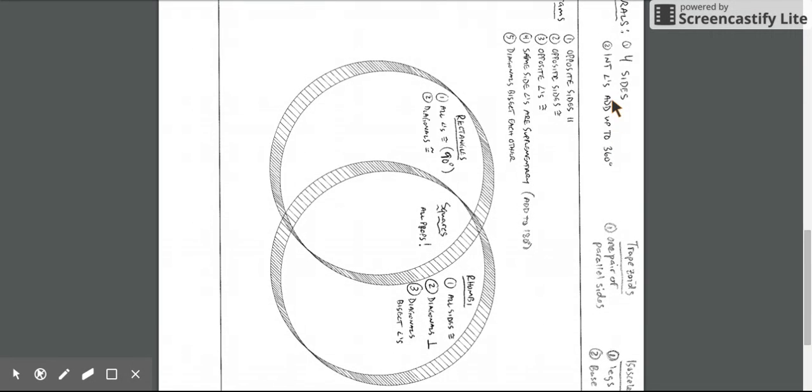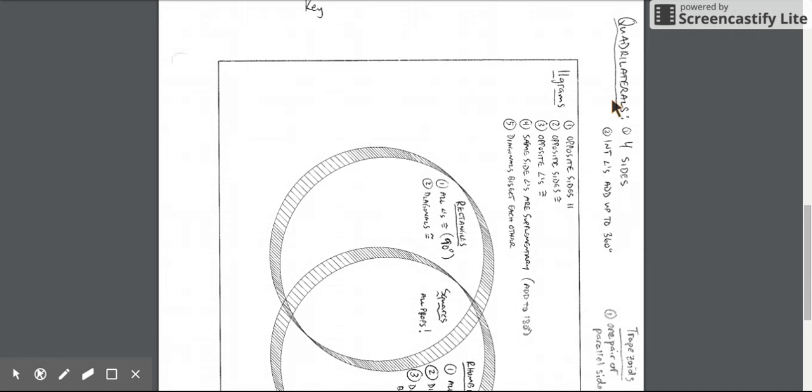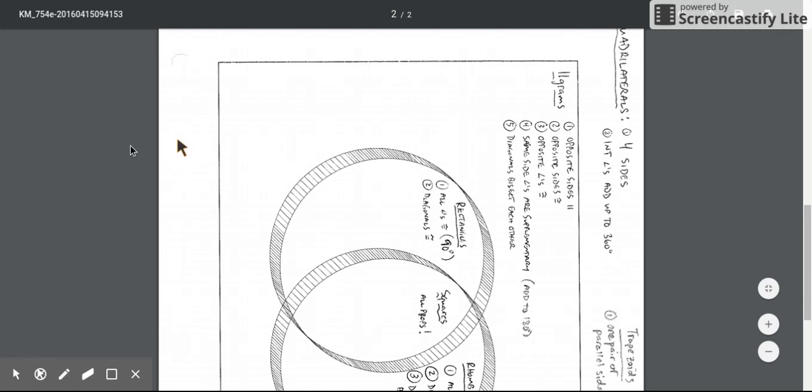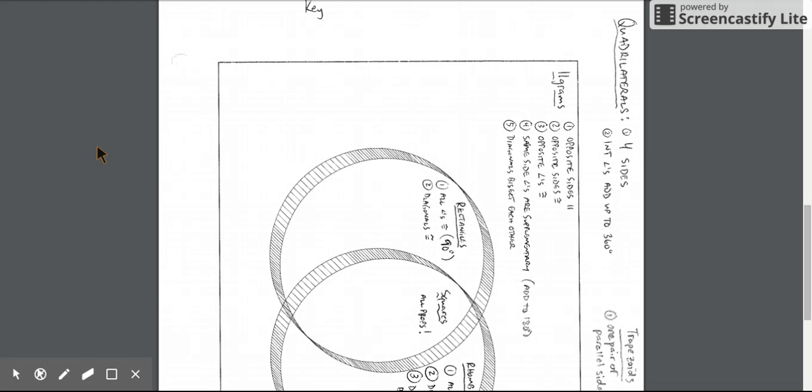We can use a Venn diagram. Sorry, it's a little sideways here. A Venn diagram does not necessarily have to only involve circles. We can really create an organizational tool by having any intersecting shapes. So if the shapes overlap, they're going to share properties. If they don't, they're not going to share properties.